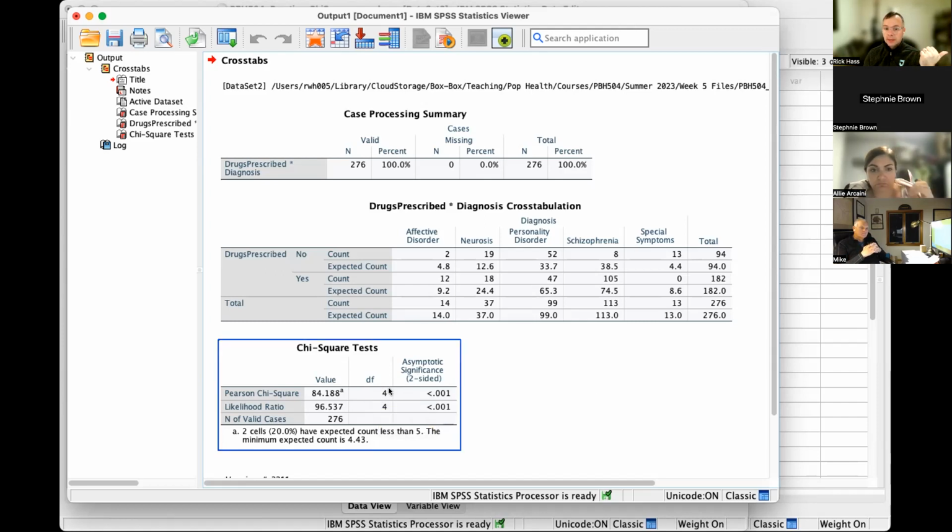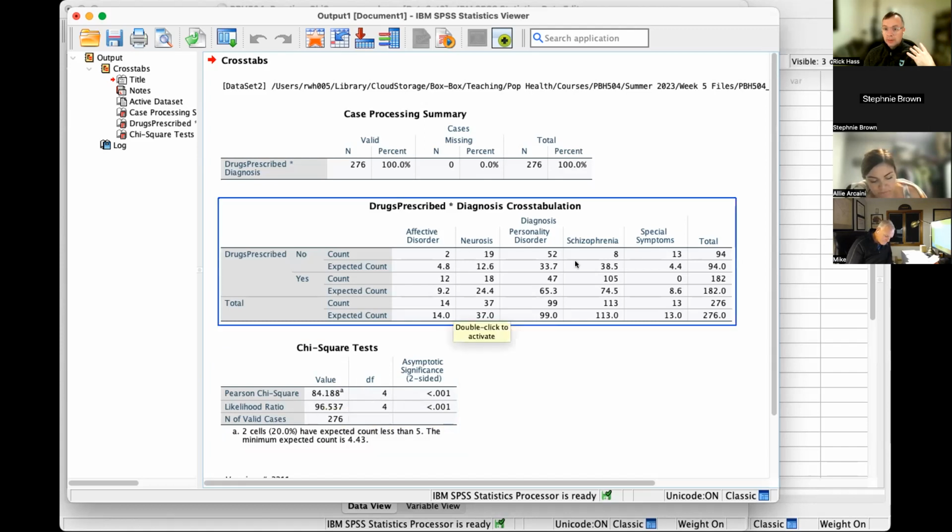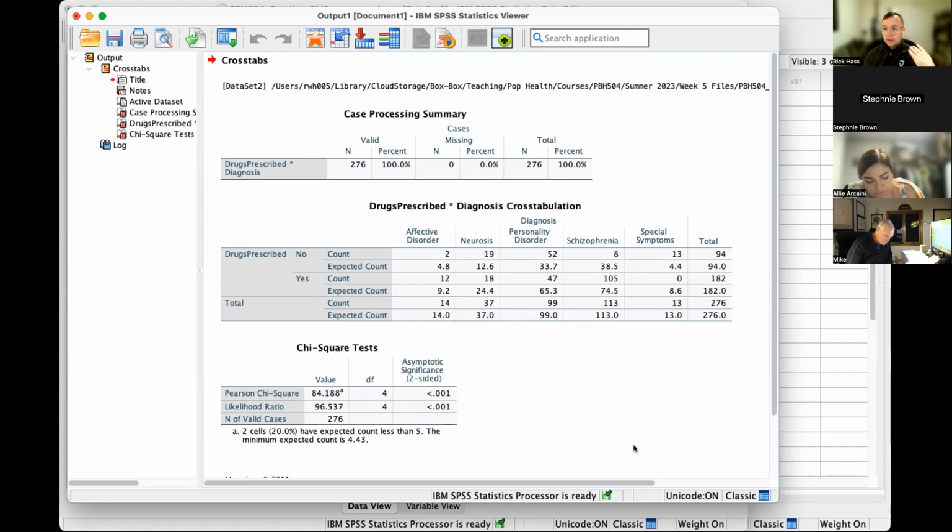So in this case, if the null hypothesis is true, we would see chi-squares around 4, because that's what the degrees of freedom are. Our chi-square is 84. It's much larger. Back to the lecture, a large chi-square means large discrepancies between observed and expected. So evidence against statistical independence, or for statistical dependence.